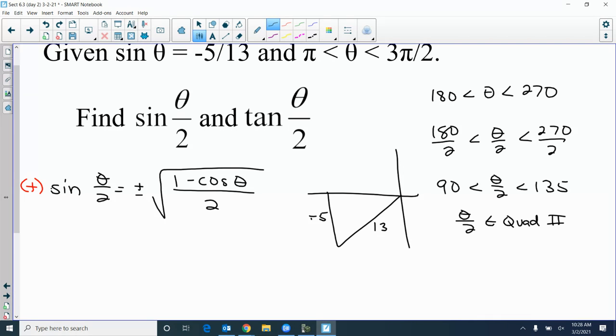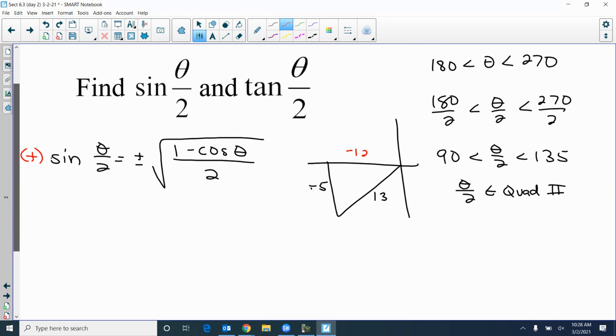What do we get for the missing side? 12. So you know the triangle is going to be 5, 12, 13. You put a negative there if you need it, because you're going to have 5 squared plus x squared equals 13 squared. You get x squared equals 144, so x is 12.